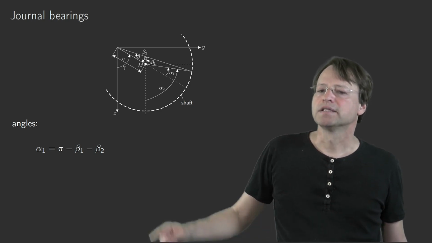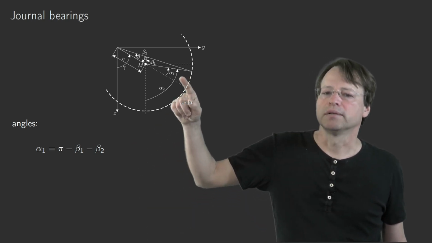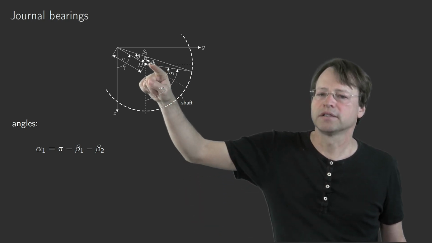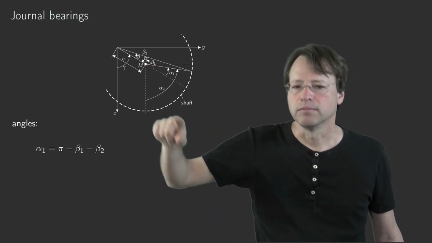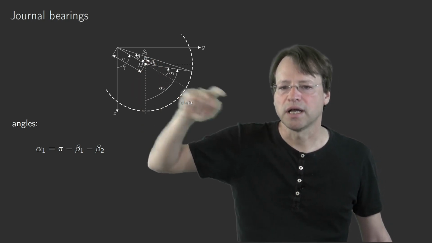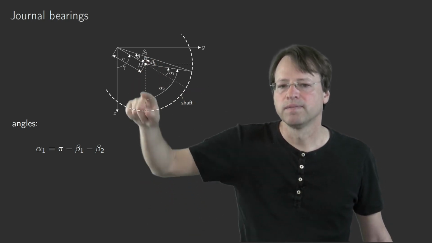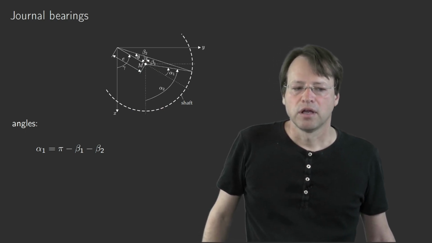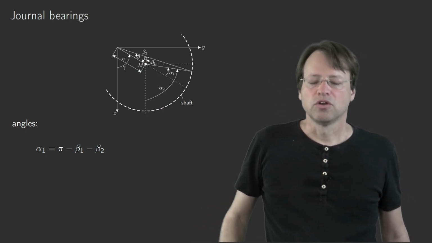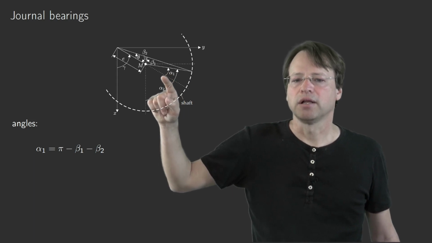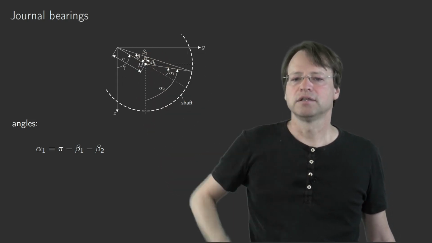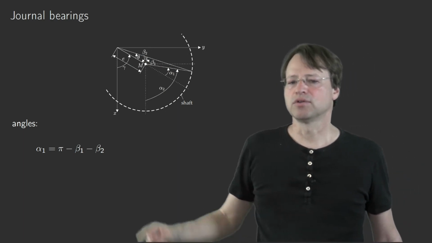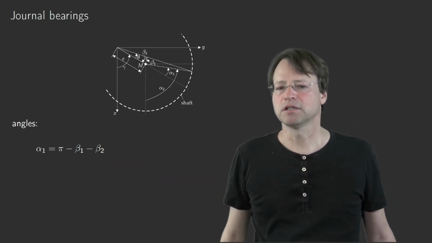Yeah? So that angle alpha 1 now forms, together with the two angles in the triangle close to that height here, beta sub 1 and beta sub 2, an angle of 180 degrees, so of pi. So alpha 1 is equal to pi minus beta 1 minus beta 2.